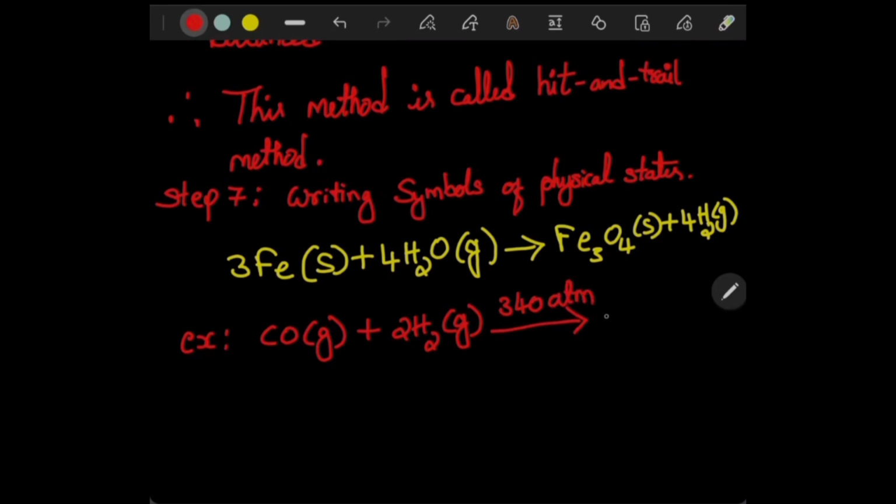The reaction is undergoing at a pressure of 340 atm, giving CH3OH, which is in liquid form. So this is an example to show that this reaction is undergoing with the pressure of 340 atm.